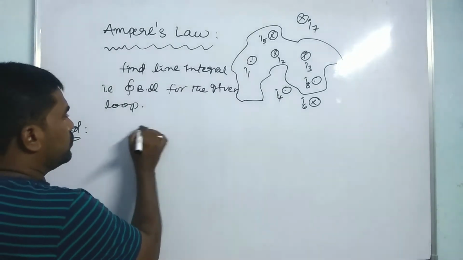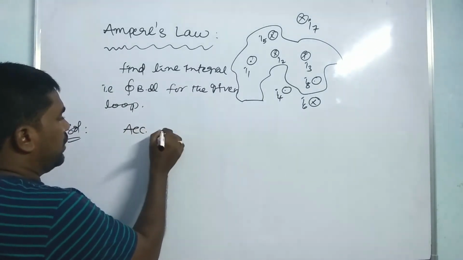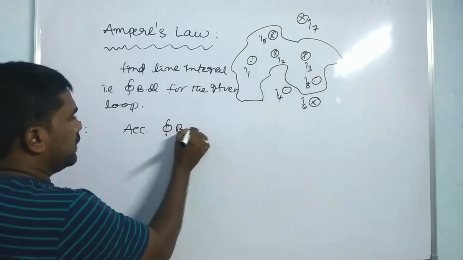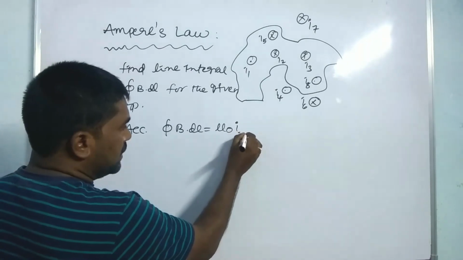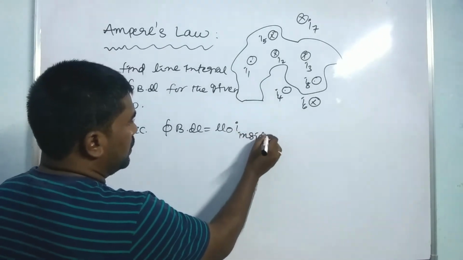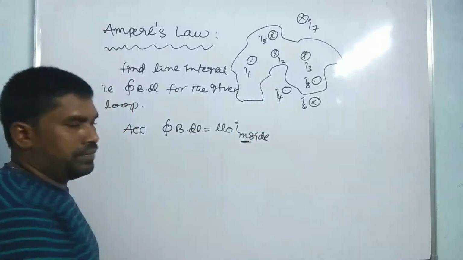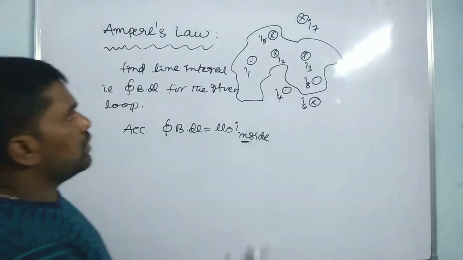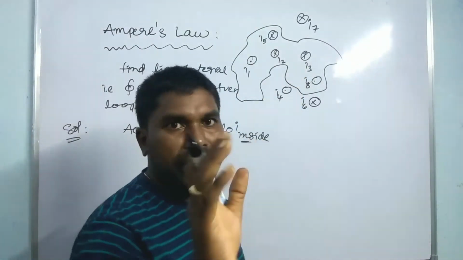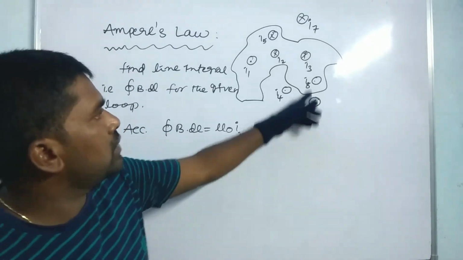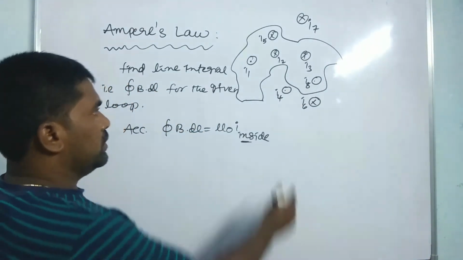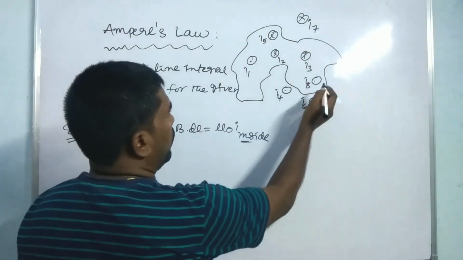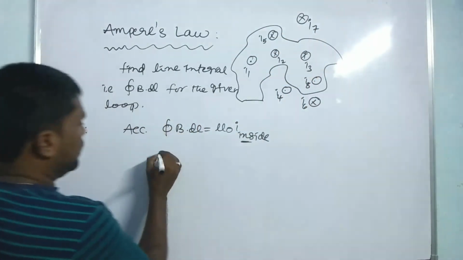According to Ampere's law, you can write that the line integral B dot dl is equal to mu naught times I inside. You have to remember this one, I inside. So only the currents inside the loop are valid. The remaining currents outside the loop are not valid.